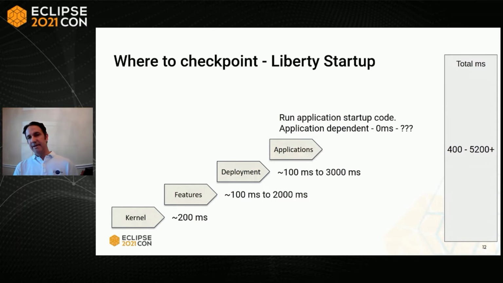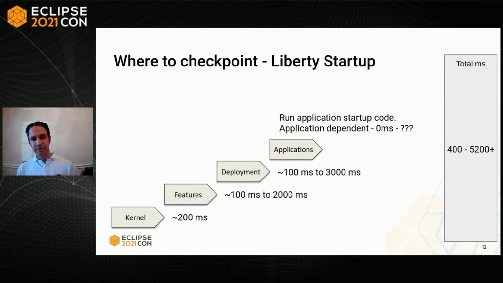And then we get into the application startup code. So these are things like servlet context initializers and early startup stuff from CDI. This is code that we run from your application, and it has to finish before we report that the application is started and ready to receive requests. So this is completely application dependent.